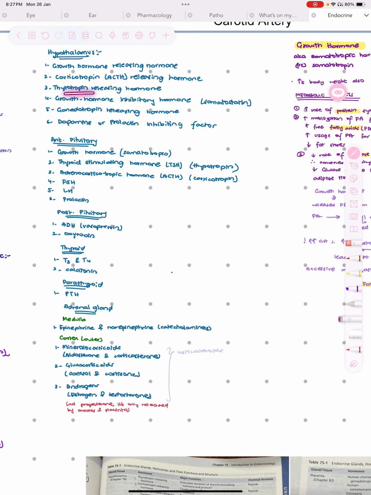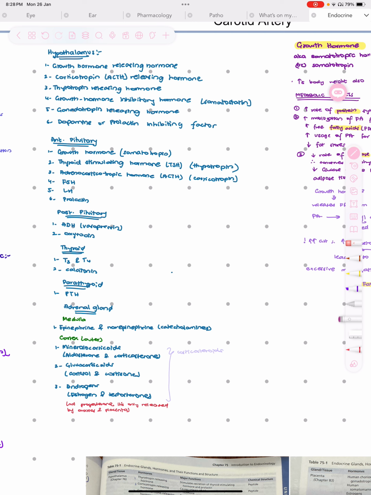Then you have thyrotropin releasing hormone. Thyrotropin releasing hormone is going to cause the release of thyrotropin, which is basically thyroid stimulating hormone. So thyroid stimulating hormone's second name is thyrotropin. I know this is getting slightly confusing, but just try to focus.